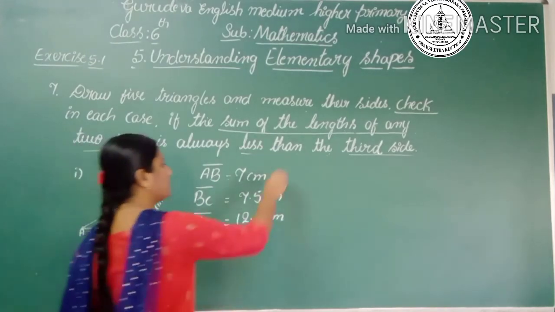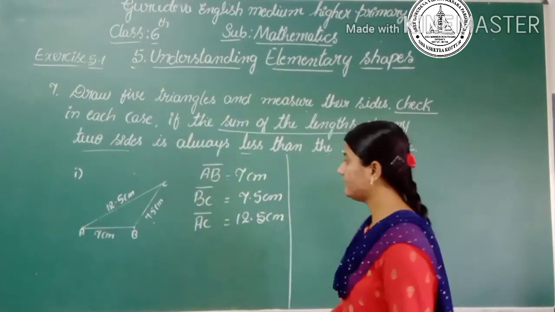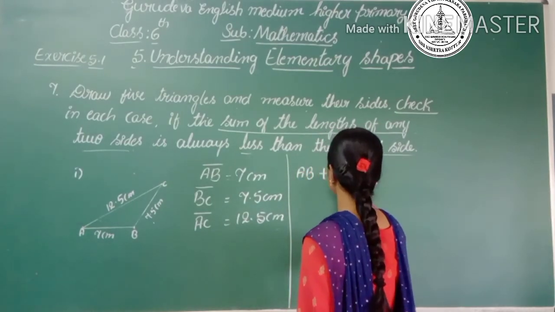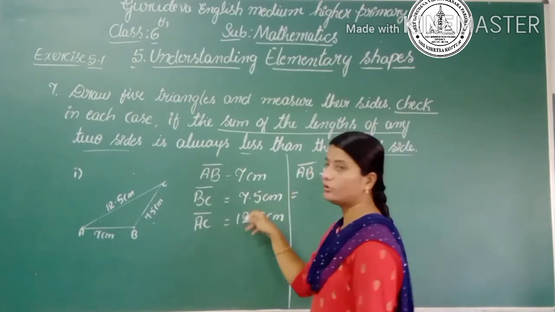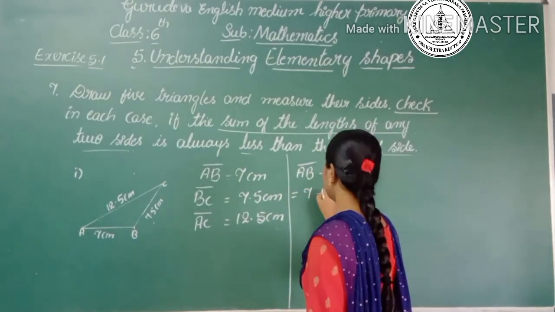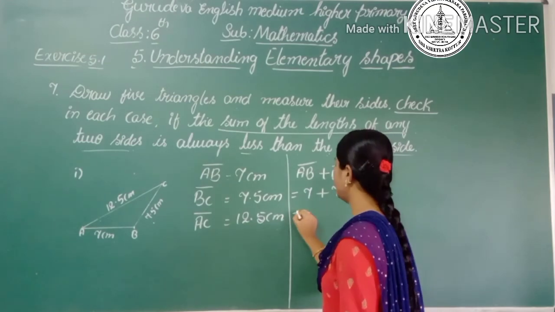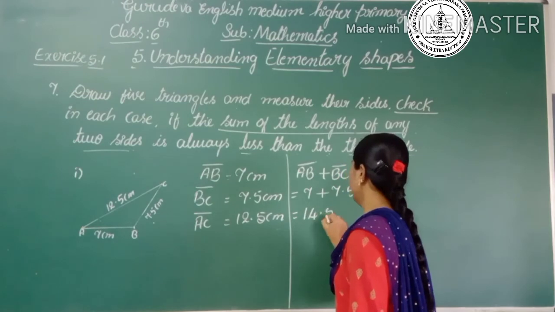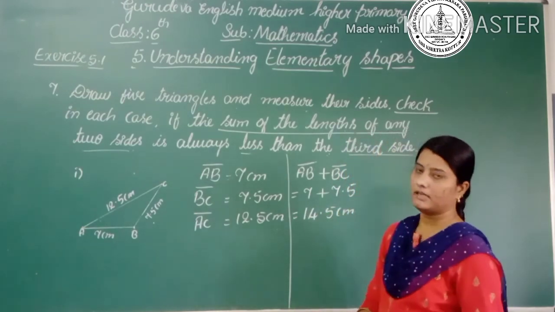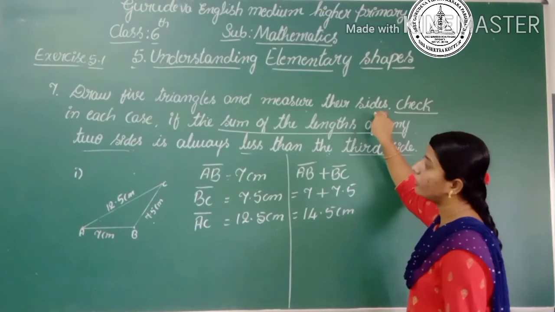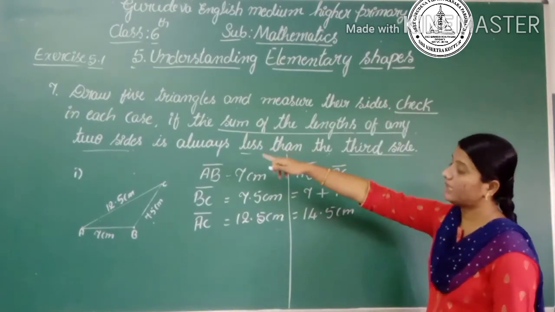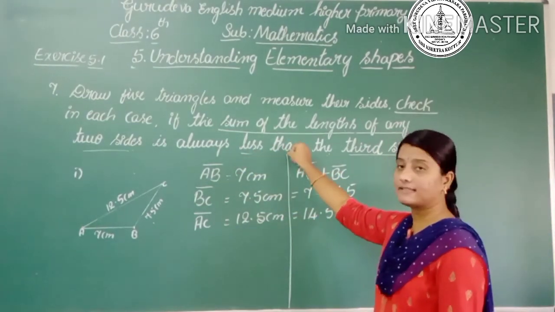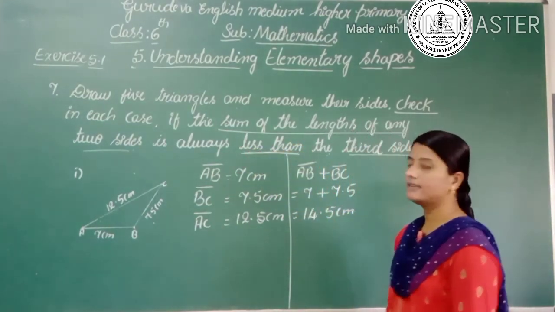So I will add the two sides. Here I will take the side AB plus BC. The sum of the lengths of the two sides is 7 plus 7.5 centimeters, which is equal to 14.5 centimeters. See what they said here: check in each case if the sum of the lengths of any two sides is always less than the third side.